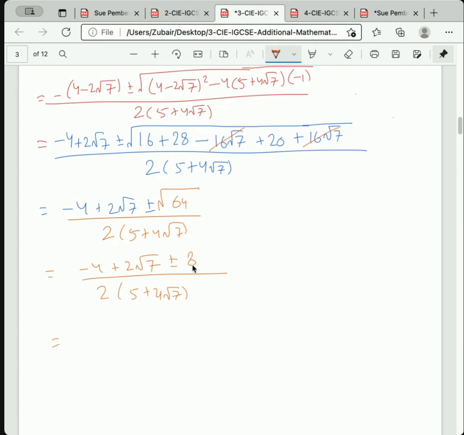So when we do plus 8, I'm left with 4 plus 2 square root 7 over 2 into 5 plus 4 square root 7. And when we do minus 8, that's minus 12 plus 2 square root 7 over 5 plus 4 square root 7.